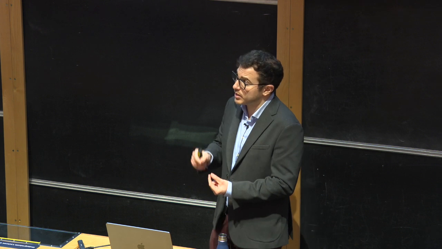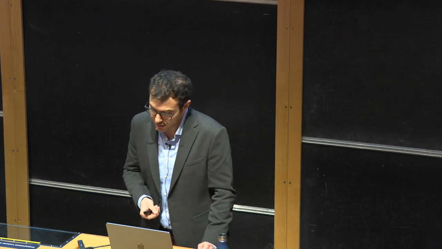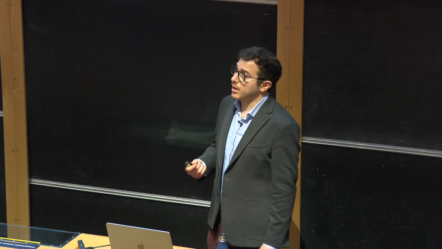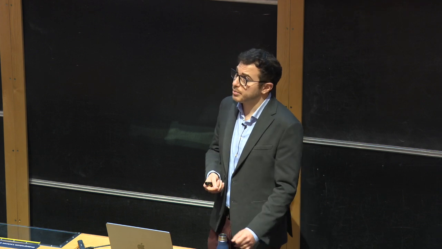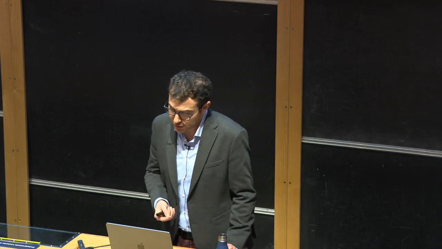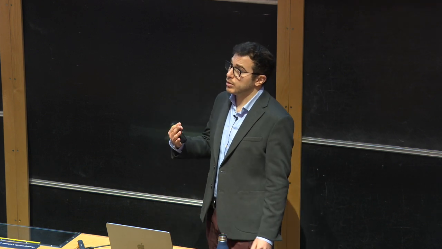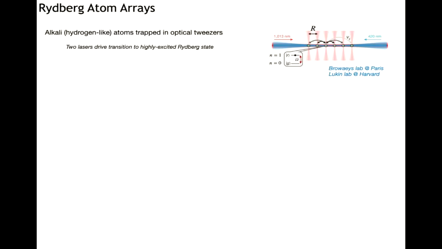So the geometry is one piece of the analog simulation. The other super important piece is the ability to fully program the strength of interactions between these particles. This is done by exciting the atoms to so-called Rydberg states, highly excited states.